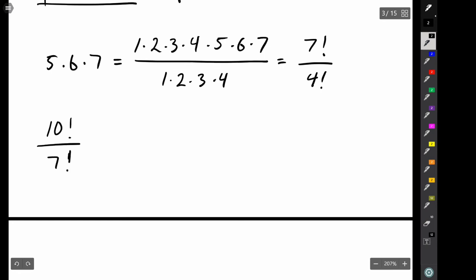If you're ever given something like this, and things like this can pop up, you can say, well, to compute this, I know this is the numbers 1 through 7 and this is the numbers 1 through 10. So the only thing left over after this quotient is everything past 7. So this will be 8 times 9 times 10. Again, these factorials are a good way to condense these kinds of products that will show up.